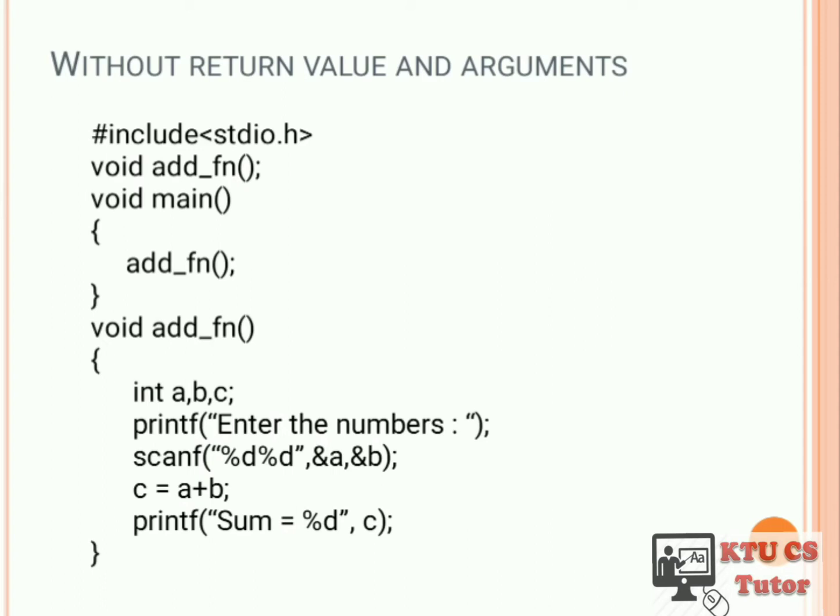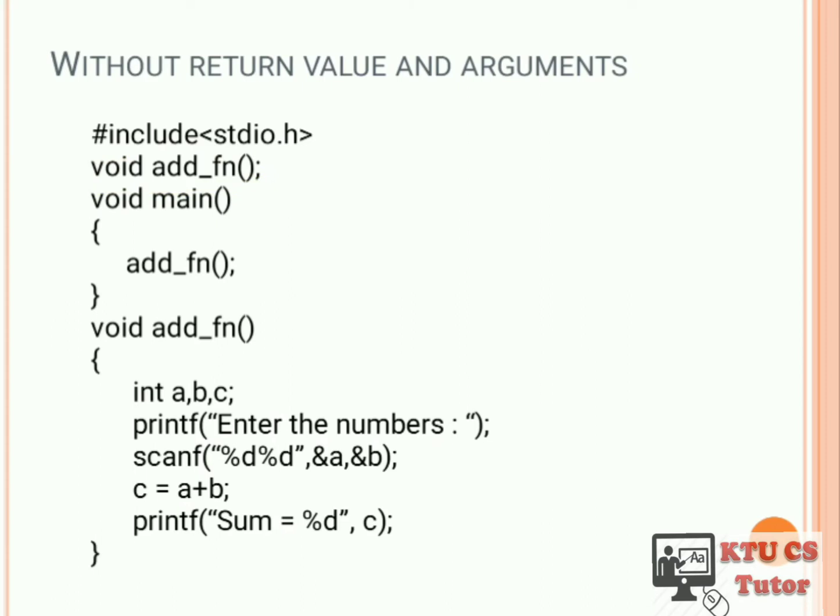So at the time of function prototype or function declaration, we need to specify the return type as void since there is no return value, and we need to specify a function name which is add function here, and inside the brackets we are not giving any arguments or parameters, so it is empty. Okay, so this statement is the function declaration or function prototype.